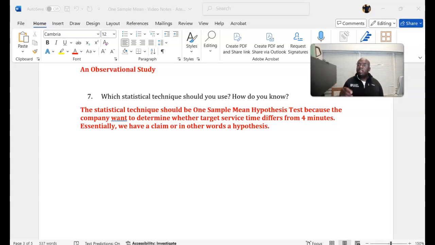If we create a confidence interval and 4 is a plausible value, then we can say that we're on target based on our data. But if 4 is not within the lower bound and upper bound, then we're not on target. So we could have done it that way.